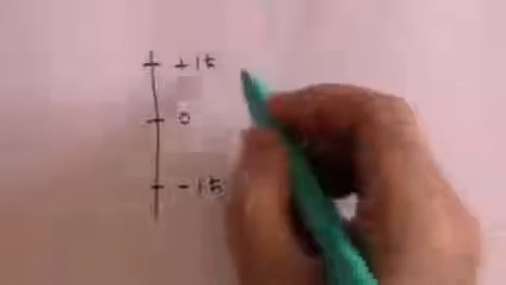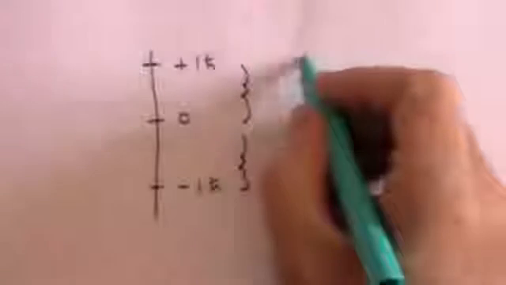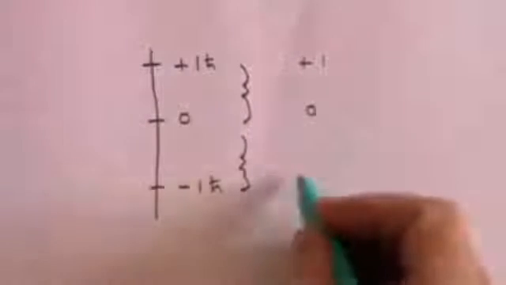And you'll notice that once again the gap between them is h bar because angular momentum comes in units of h bar. And the eigenvalues of measuring these will be plus 1, 0 and minus 1.